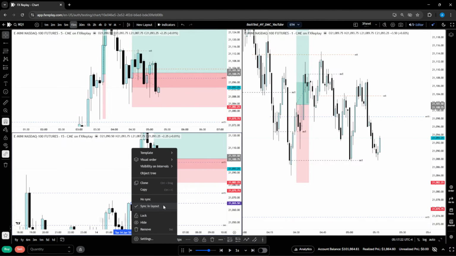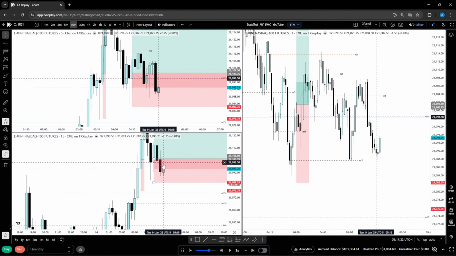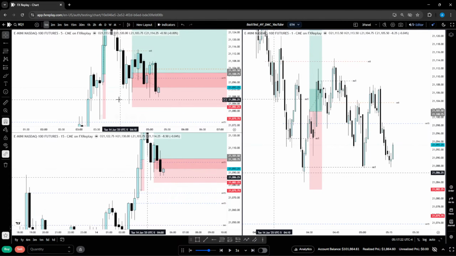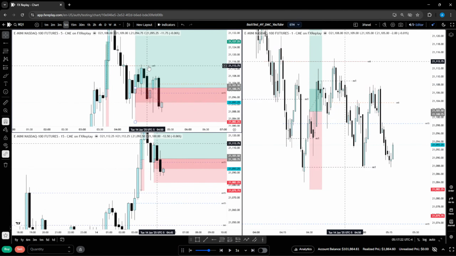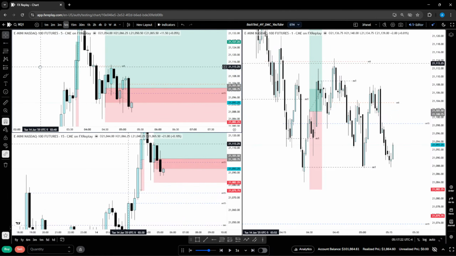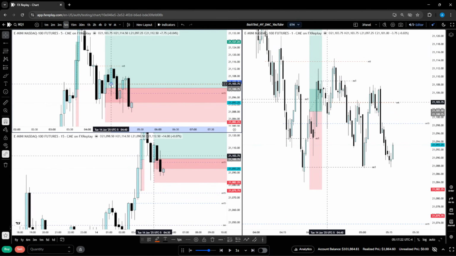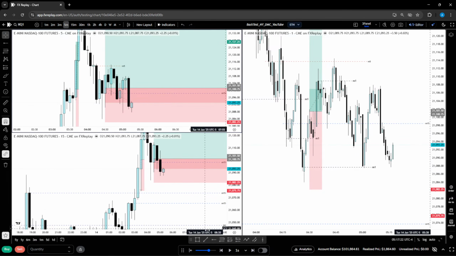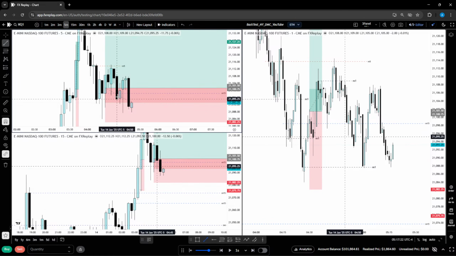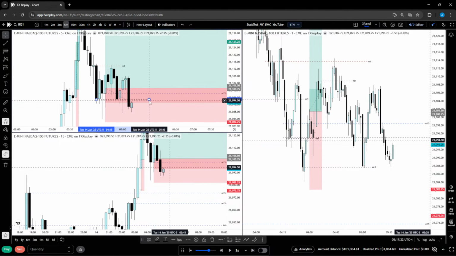So all this 15-minute level could be here for retest. And for the 5 minutes, this is our level.